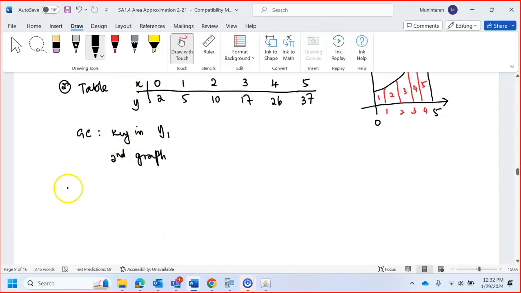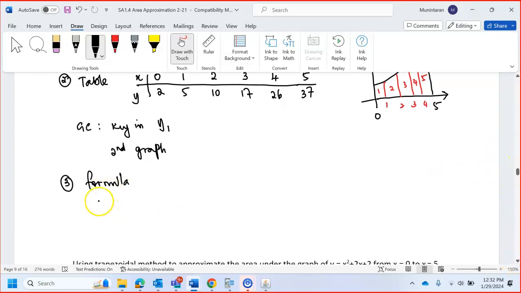Next, you're going to put it into the formula. We are doing the trapezoidal rule, and you're going to find A_T5. A for area, T for trapezium, 5 for 5 subintervals. The formula is your upper limit 5 minus your lower limit 0, divided by 2 times the number of subintervals.